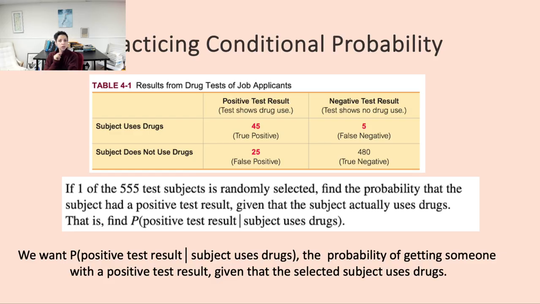So the starting condition is that they actually use drugs and they tested positive. So what we're looking for is the probability of a positive test result among people who actually use drugs. So subject uses drugs is our starting condition.